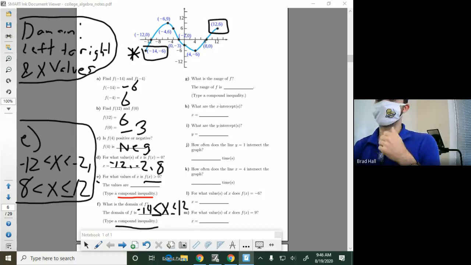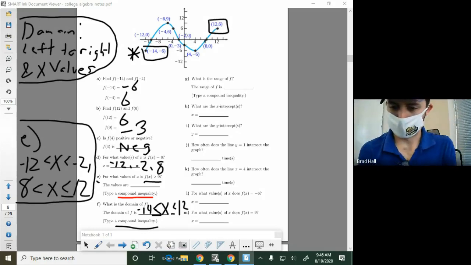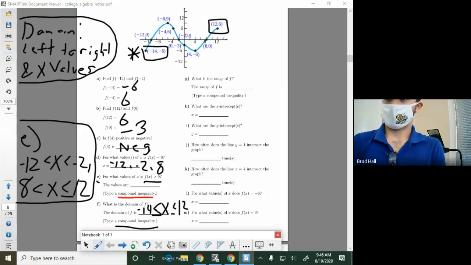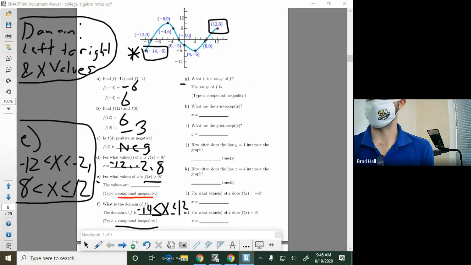So once you identify it, the statement of the answer is really not bad. But the identification may take a little bit of time. And we move on to the range in part G. I'm going to give another association, very similar to the domain, because the domain and the range are very closely associated things. We're just going to swap some of the terminology a bit.